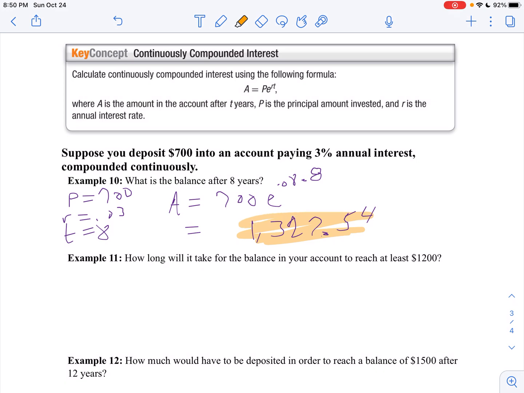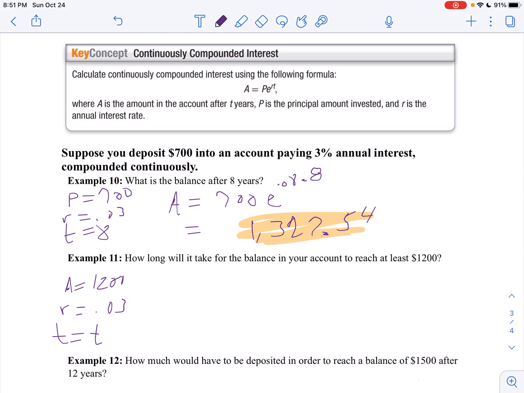Okay, in example 11, how long would it take for your balance in your account to reach at least $1,200? So in other words, I want my A to be 1,200. My interest rate isn't going to change. That's going to be 0.03. I don't know my time this time. Call that t.